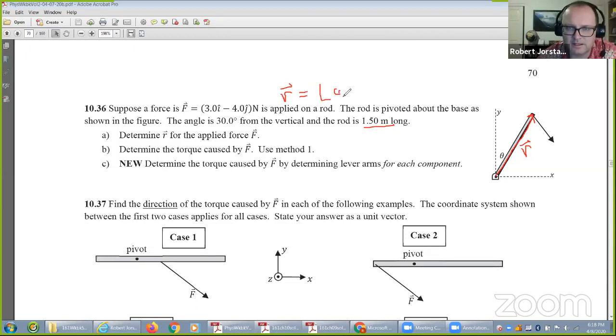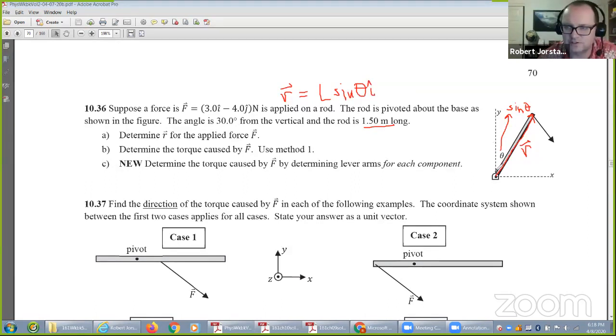So it's probably L cosine theta. Oh, crap. The X component has the sine theta. Look at this. Opposite sine. So it's going to be L sine theta in the i hat.